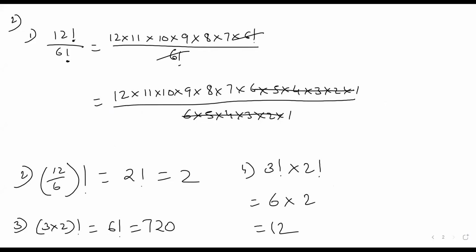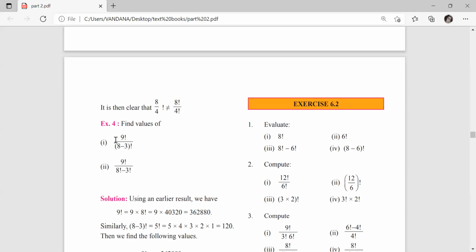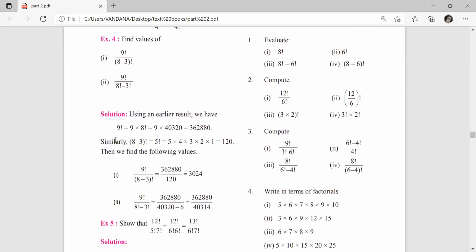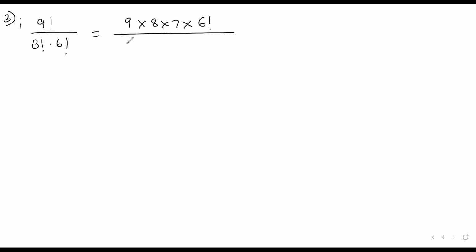Next, question number 3. Simplification. Compute 9 factorial upon 3 factorial into 6 factorial. 9 factorial can be written as 9 into 8 into 7 into 6 factorial upon 3 factorial into 6 factorial.